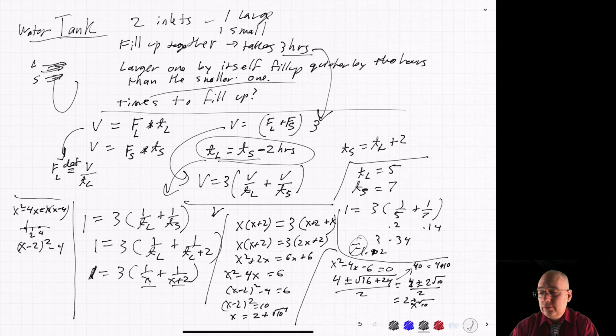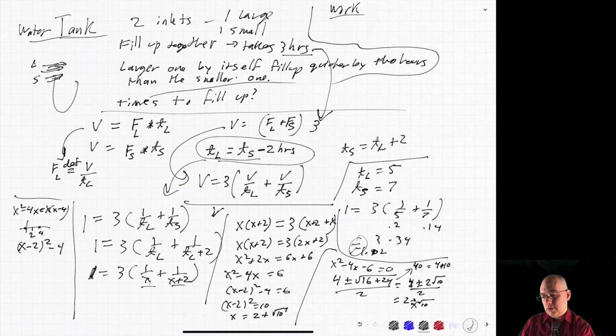You can also say it in the following fashion. So kind of a work problem. You could say 2 workers complete a job together in 3 hours.